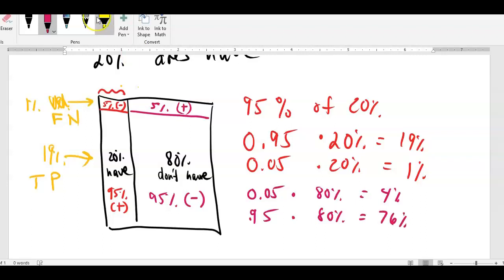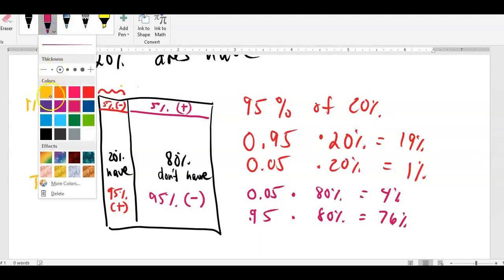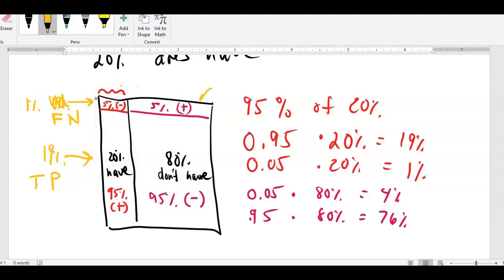So what we're saying is, let me again change the color here. In this section right here, 5% of this 80% side, the people who don't have COVID, are going to test positive. So 4% are going to test positive even though they don't have it, and 76% are going to test negative as they should.